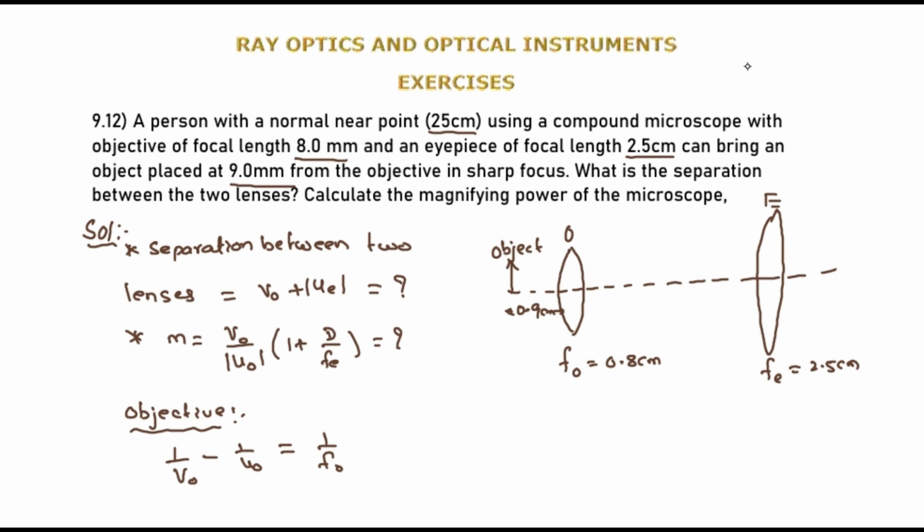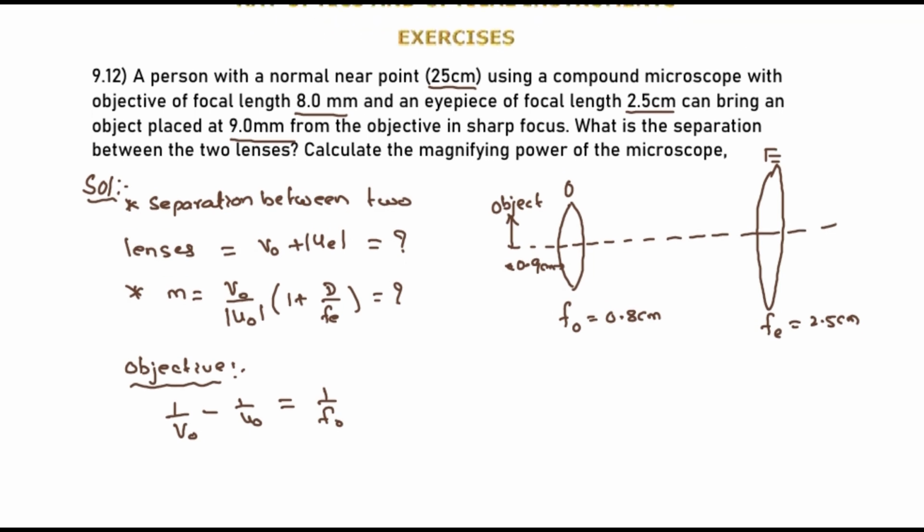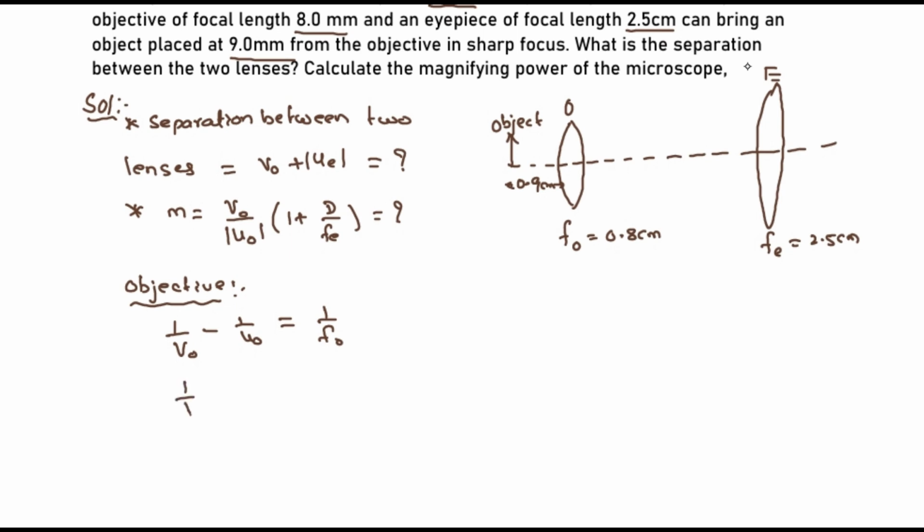So 1 by V0 is equal to 1 by F0 plus 1 by U0. F0 is 0.8 centimeter, plus 1 by U0, which according to the sign convention is negative, minus 1 by 0.9.